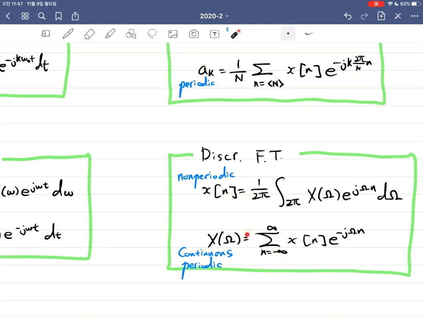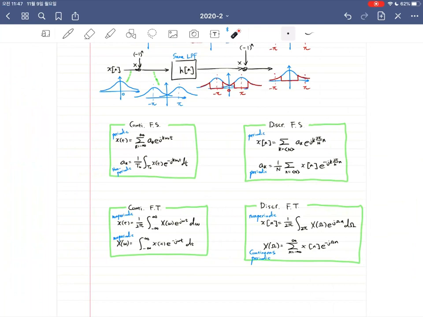And you need an infinite number of them. Okay, so we checked the periodicity, and what I also want to do is check the duality.